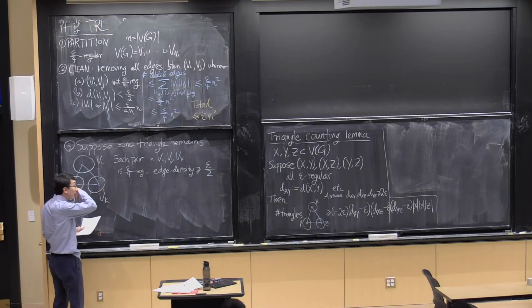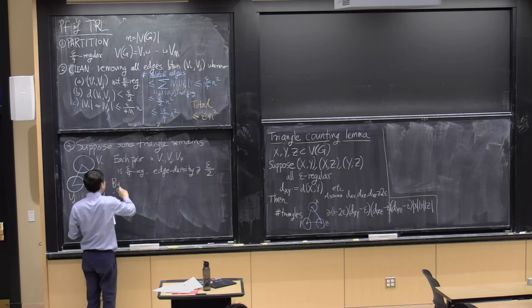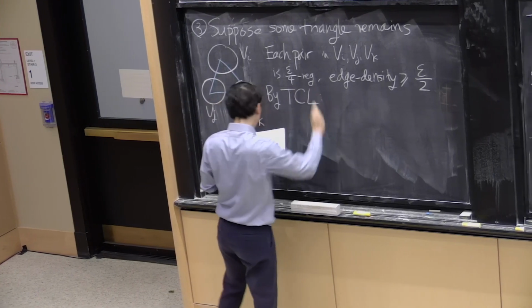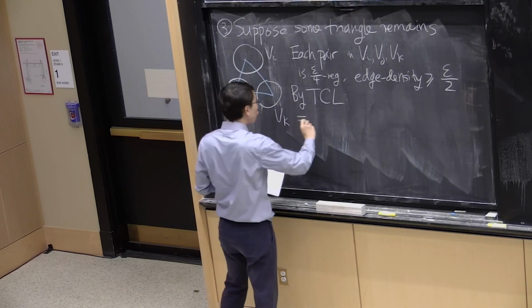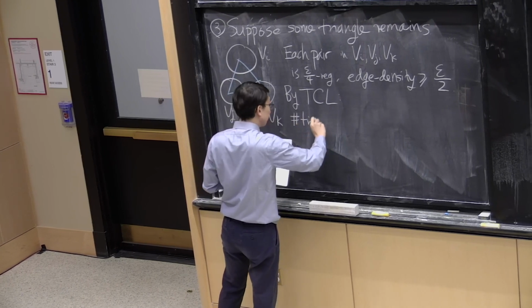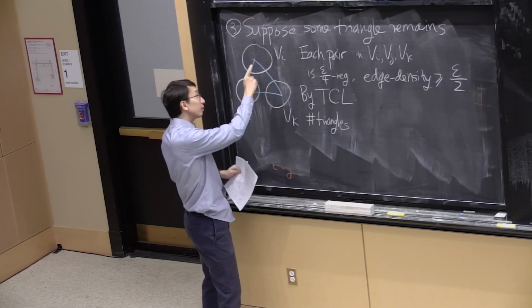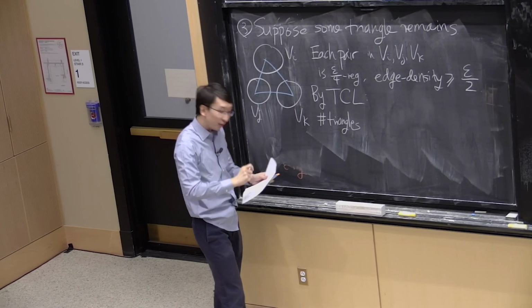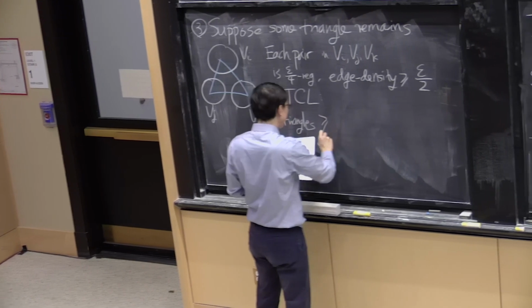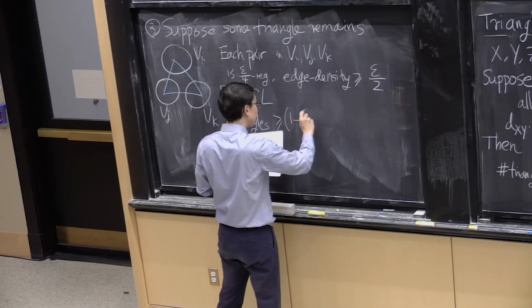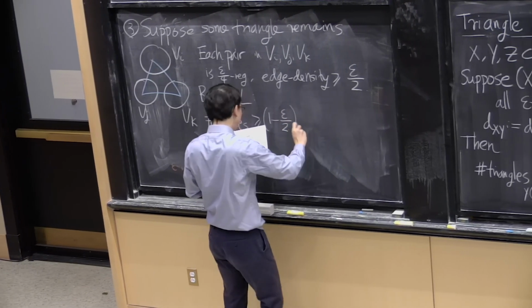And now we apply the triangle counting lemma. And we find that the number of triangles with one vertex in Vi, one vertex in Vj, one vertex in Vk is at least this quantity here.